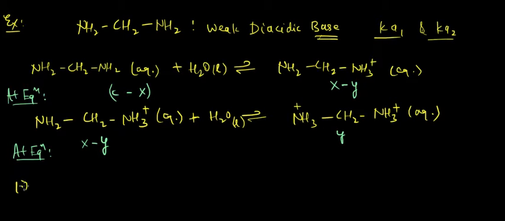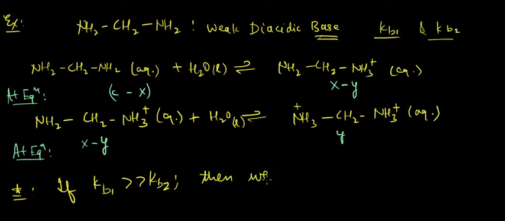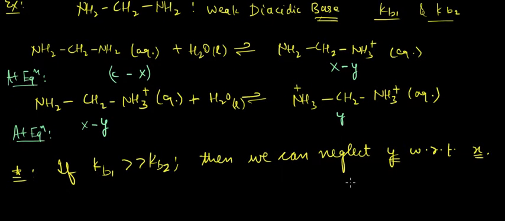Okay, now comes the conditions part. This is not Ka, this is Kb, Kb1 and Kb2. So if Kb1 is much greater than Kb2, then we can neglect Y with respect to X. Again why?